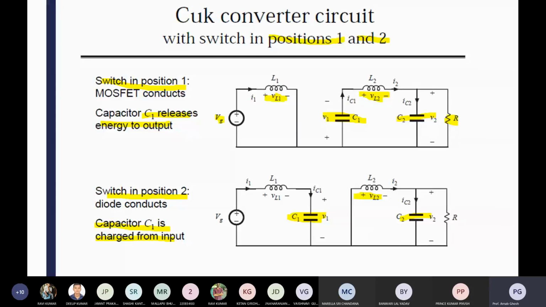Throughout, there is a convention. In a boost converter, buck converter, buck-boost converter, Cuk converter, SEPIC converter, Zeta converter, however the configuration is, that polarity should not be changed. That polarity is always fixed. If you change that polarity, you will not be able to understand the waveform.